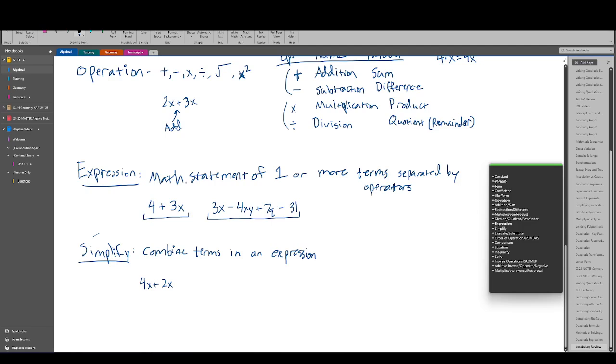I'm not going to write an equal sign here because a really important thing about an expression is it's not an equation. It's just something like 4x plus 2x. If I simplify that, then I come up with 6x as an equivalent expression. So 4x plus 2x and 6x are equivalent, but the one on the right, 6x, is simplified, and the one on the left is not simplified.